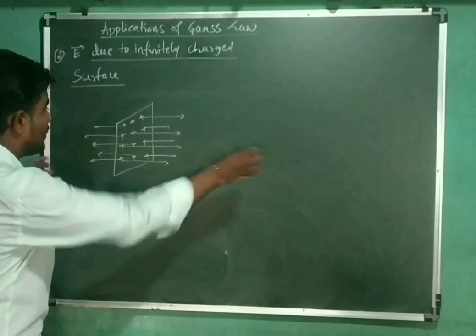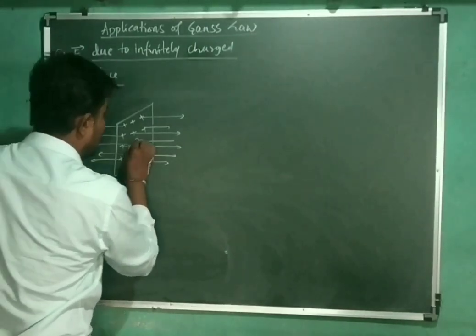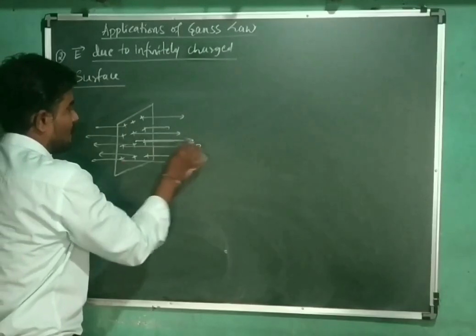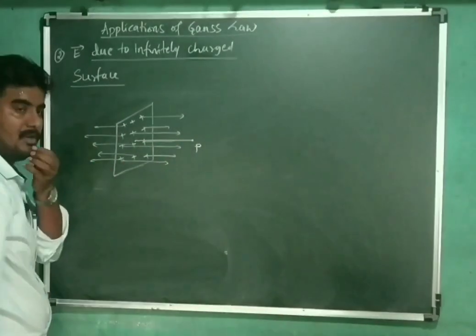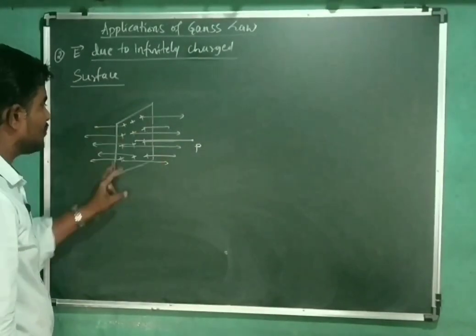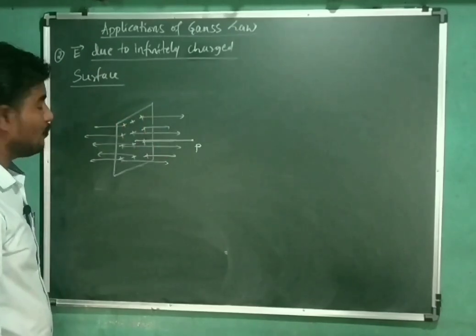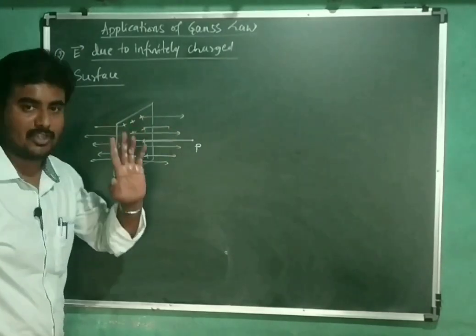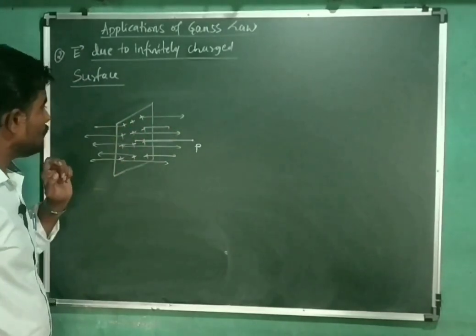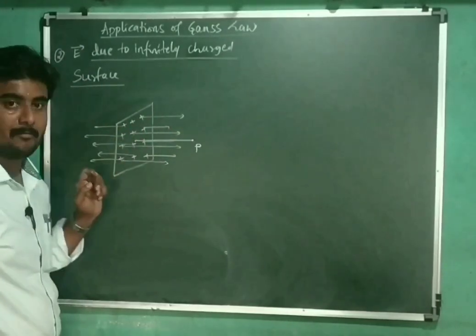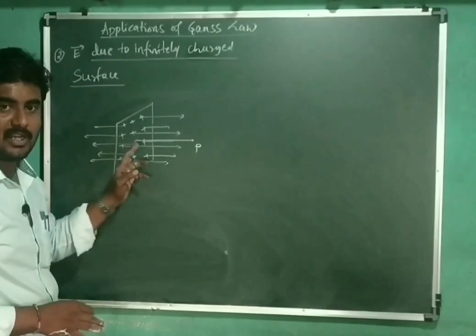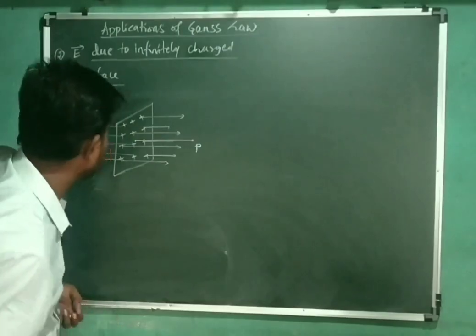If we are asked to find out electric field intensity at a point P at a distance of r from the plane of charged sheet, then we have to use Gauss law. But for the Gauss law, we have to consider one Gaussian surface. In such a situation, what shape are we going to consider as a Gaussian surface? Okay, once again we shall consider a cylinder only.